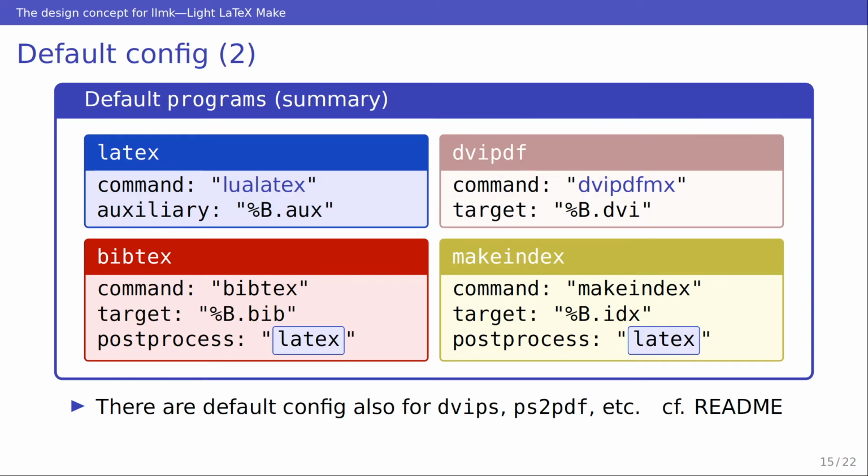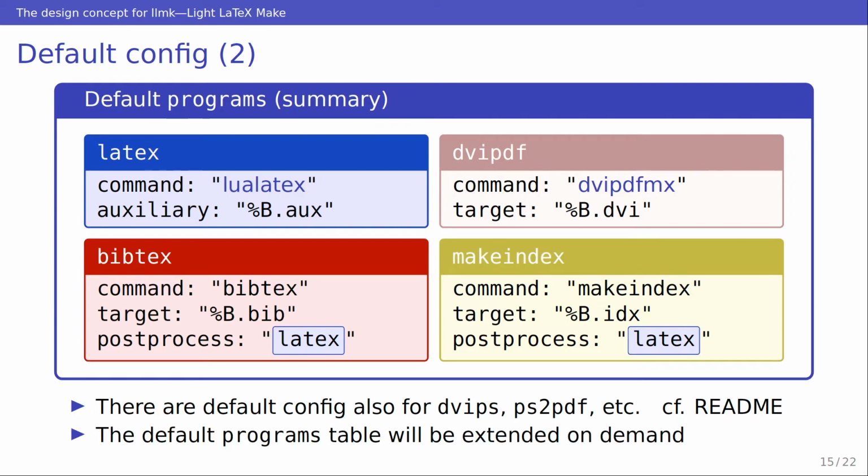There are also default configurations for dvips, ps2pdf, and so on, so please refer to our documentation. This default programs table will be extended on demand in the future, so if you have any request, please let me know.